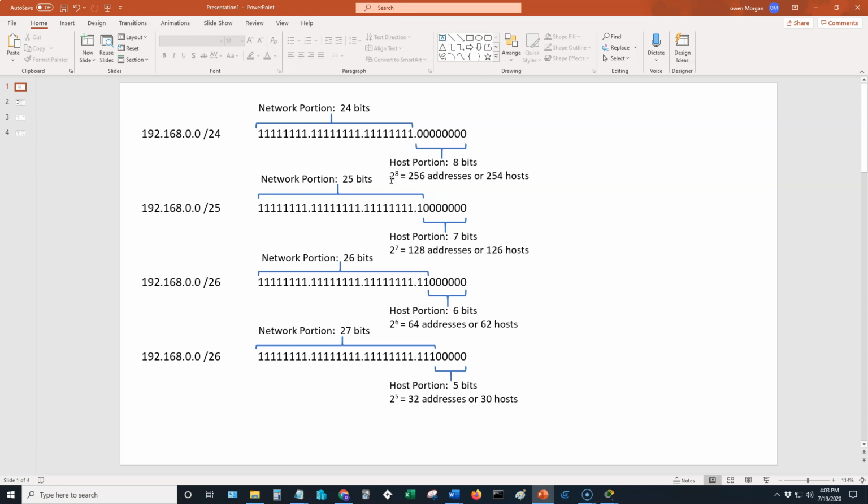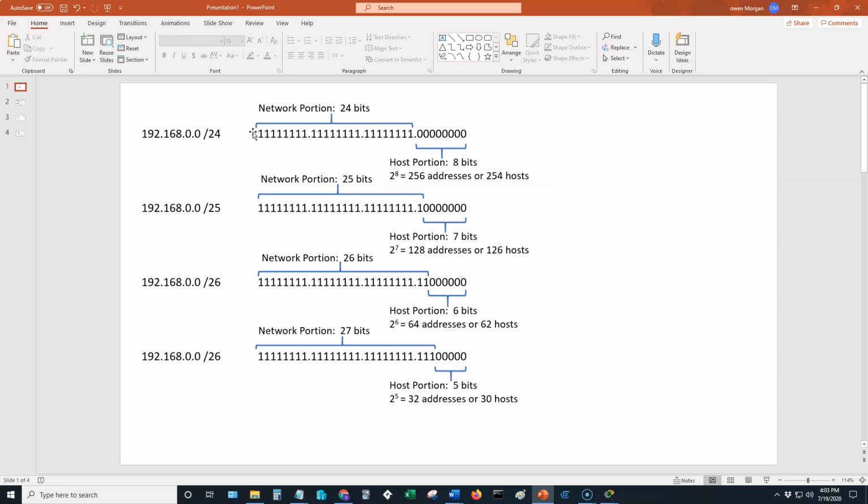In this case, we have 2 to the power of 8 equals 256 addresses that we can use for our 254 hosts. If you remember, one address is always reserved for the network and one address is reserved for the broadcast.